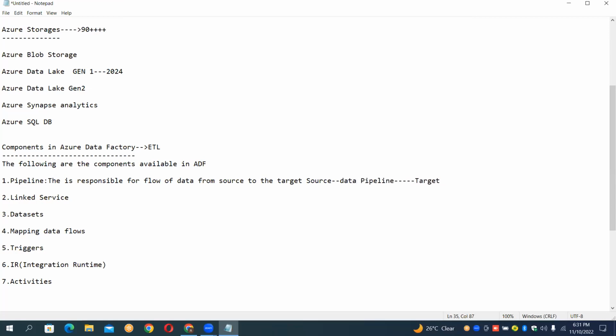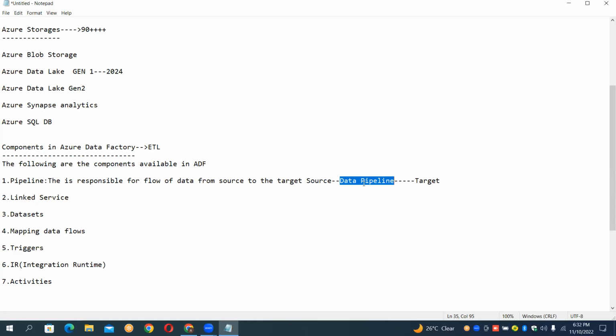The pipeline here is also called a data pipeline. Guys, this data pipeline is responsible to carry the data from the source to the target. So we can say that the data transfer is done with the help of the pipeline. If you don't have a pipeline, can we carry the data from the source to the target?